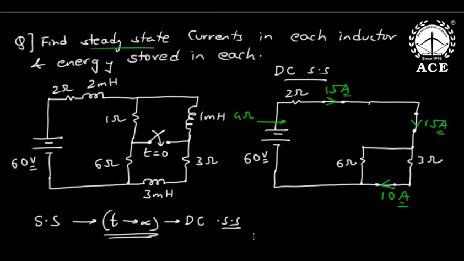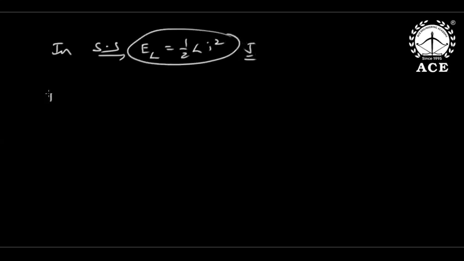Now what is the energy? In steady state we can use the energy function half L i squared, in joules. So the energy stored in the 2 millihenry is half L i squared with 15 squared, that is 225 millijoules.